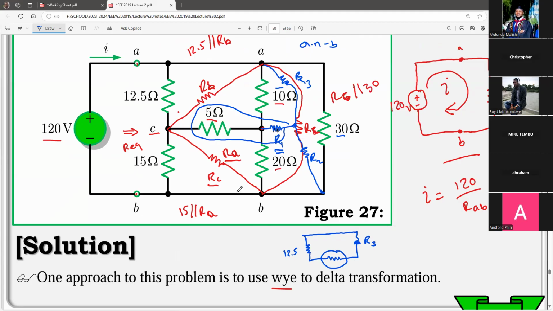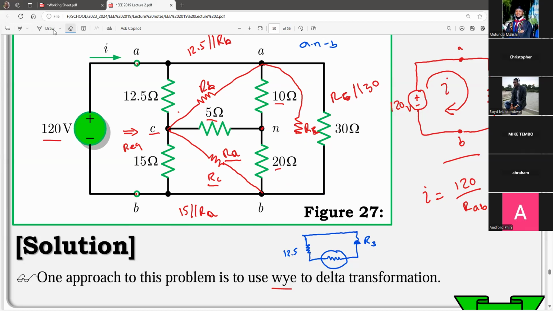Okay, but otherwise, if we choose the approach of the star to delta at the points that I've selected in red, then what we end up having should be something like this.